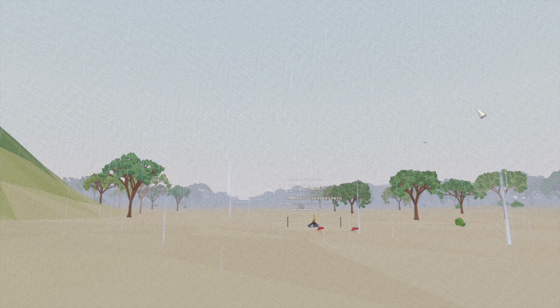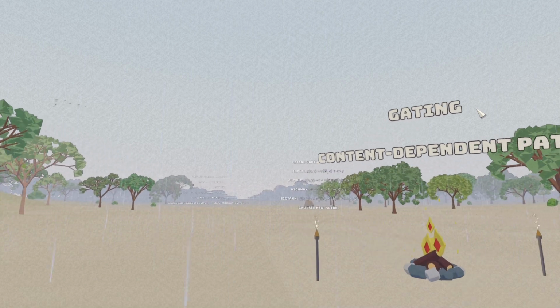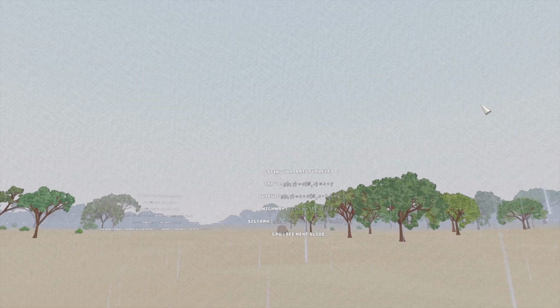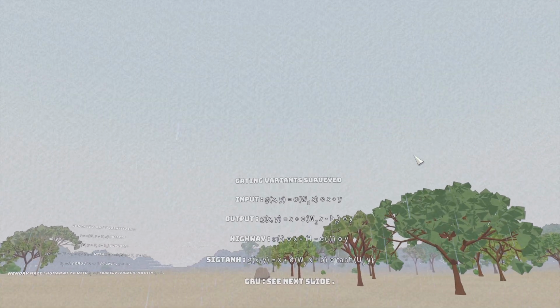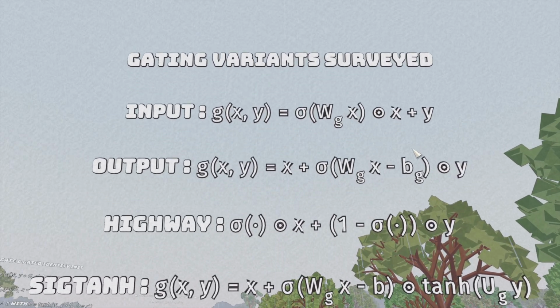They do a survey of what types of gating mechanisms they could put in place. So they have about 5 options here. The input gate sigmoid modulates the residual stream and adds the sublayer output unmodified. The output gate does the reverse, passes the residual unchanged and modulates the sublayer output. The highway connection modulates both with a single shared sigmoid and its complement.